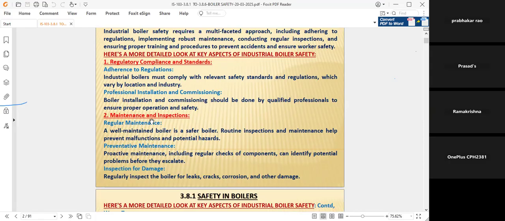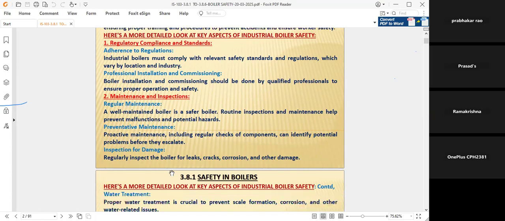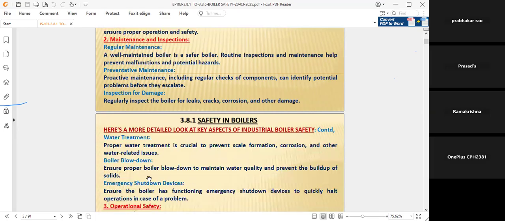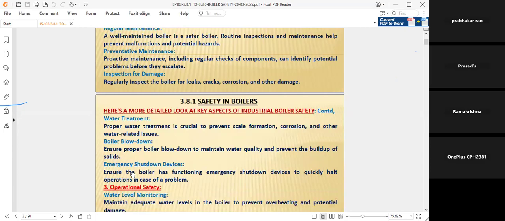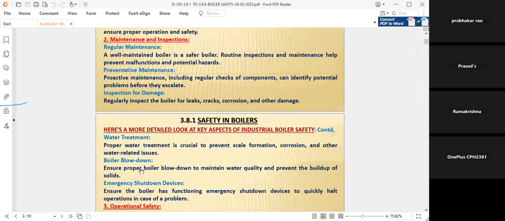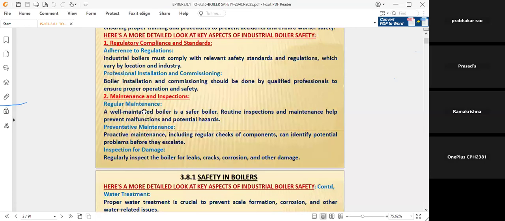Maintenance and inspections are also very important: regular maintenance, preventive maintenance, inspection for damage, water treatment, boiler blowdown, as well as emergency shutdown devices. Regular maintenance means a yearly shutdown is taken during the inspection by the inspector.